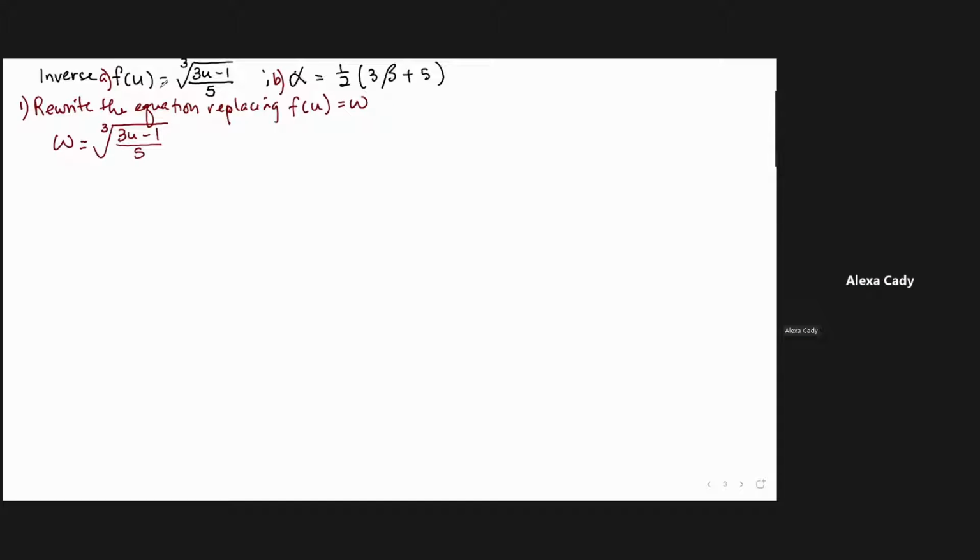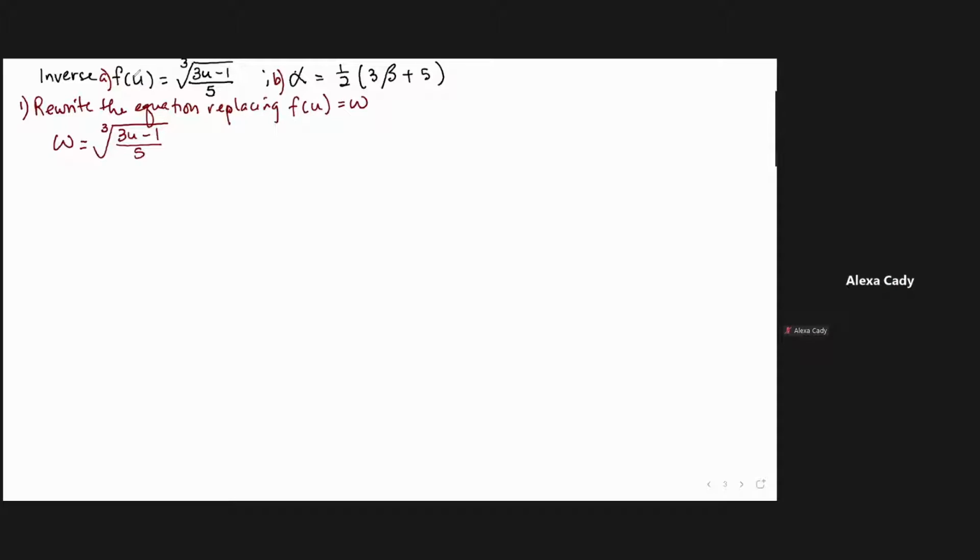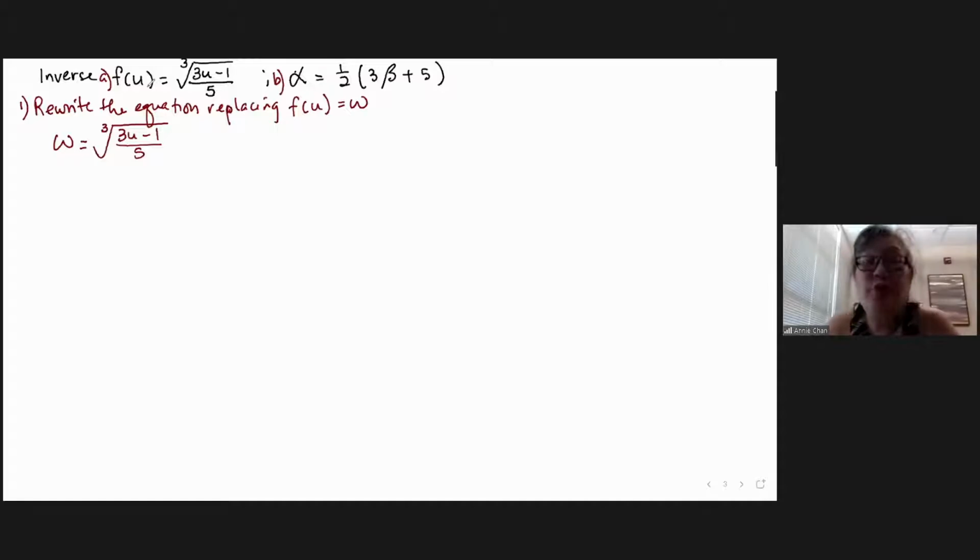Because you need to switch the U and the W to do the inverse. So you have to write it out, so you have both. Exactly. I have to switch the letterings, right? If I'm going to put it as f of u, I can still do it, but my equation is going to be so complex looking.